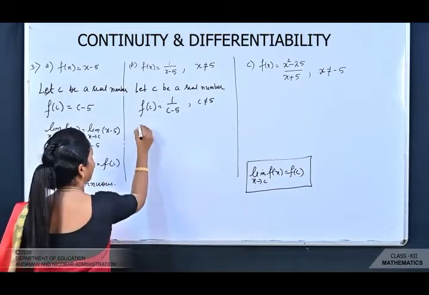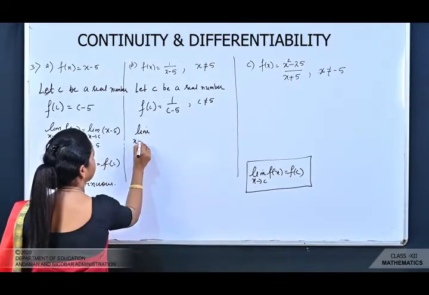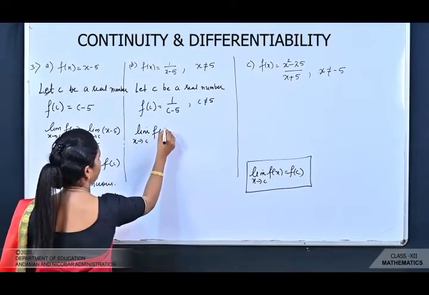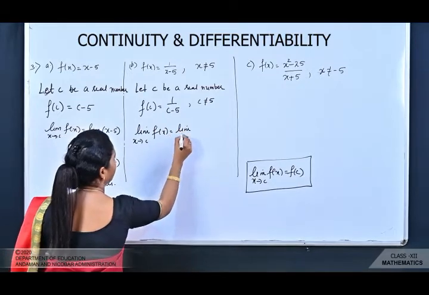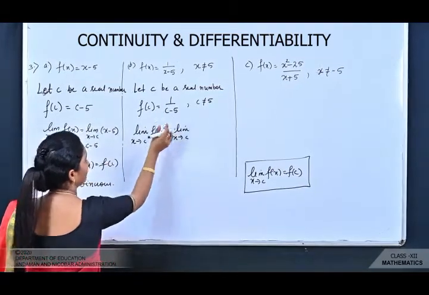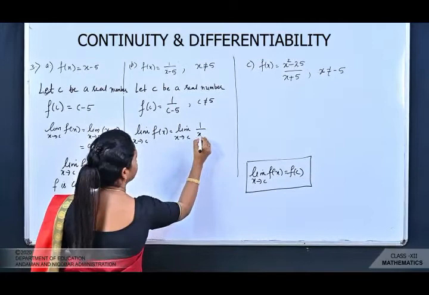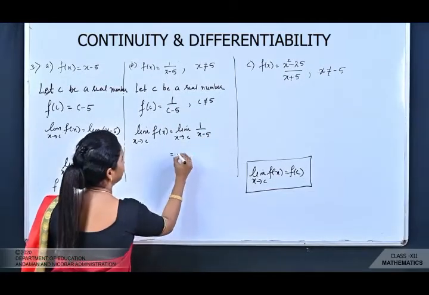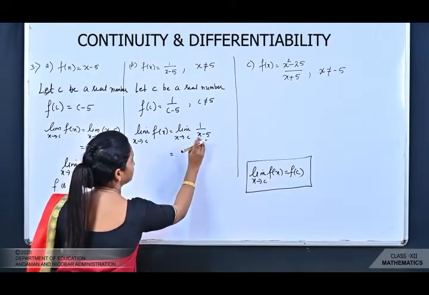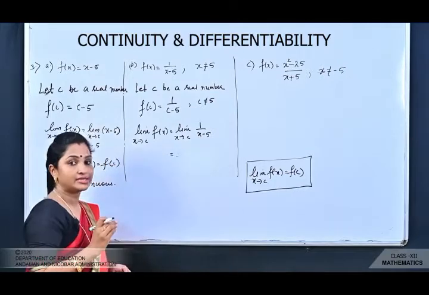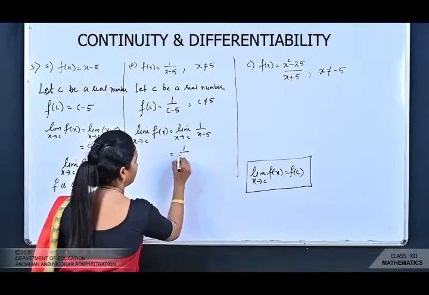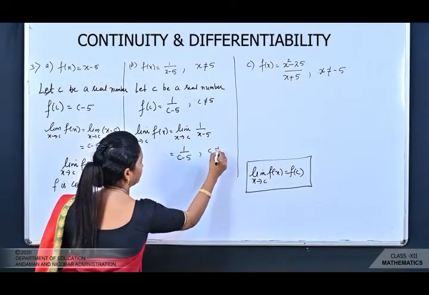Okay, and then you will take limit x tends to c, f of x is equal to limit x tends to c, f of x is your 1 by x minus 5, and this equals, you have to substitute in place of x c, so you're going to get 1 by c minus 5 where c is not equal to 5.